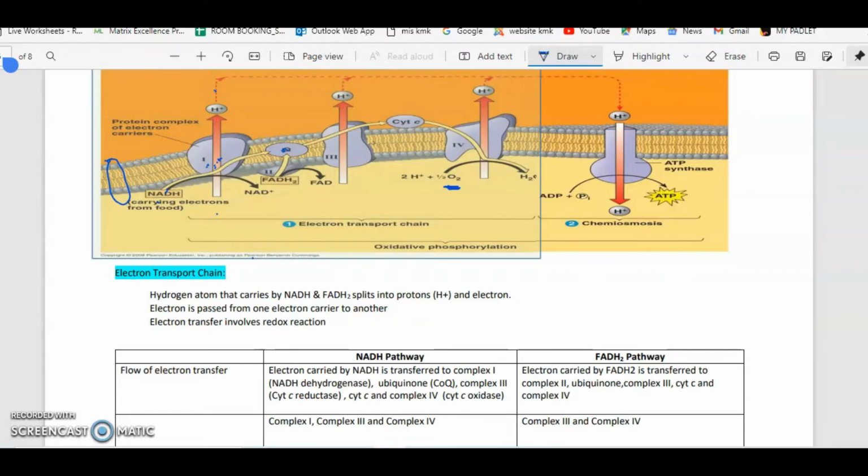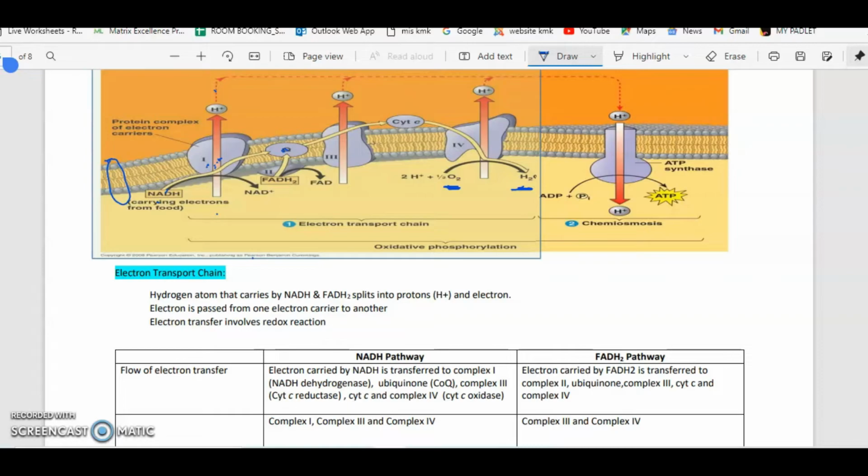And then, when oxygen receives the electron, it will react with hydrogen ion in the matrix to form water. Okay, so when oxygen is reduced, it may react with hydrogen ion in the matrix to produce water.